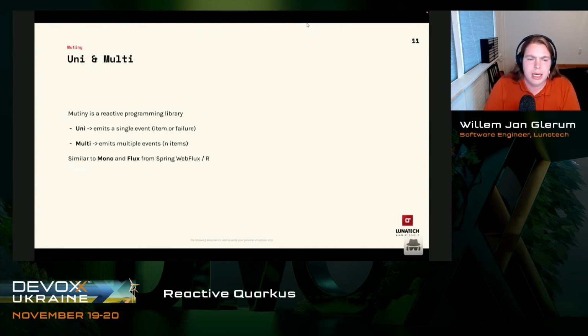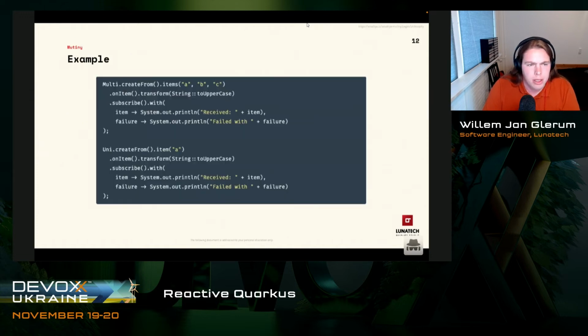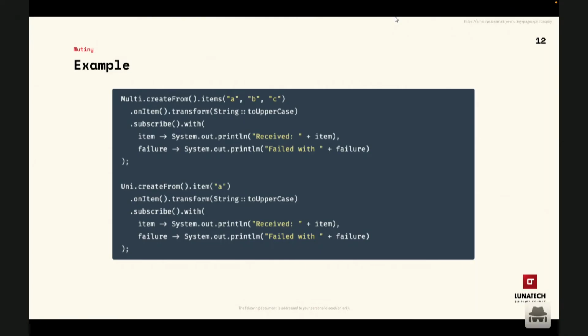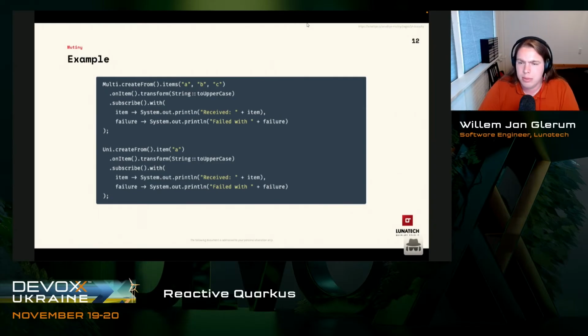Now you're wondering, how would I use this Uni, or what do I do with this Multi? Here we have some example code. When we start with the Multi, we can create a Multi from a bunch of items. In this case, 3 characters, A, B, and C. Normally, instead of getting a static list here, those could be coming, for example, from a Kafka topic or a remote service asynchronously. So they could come in step by step.